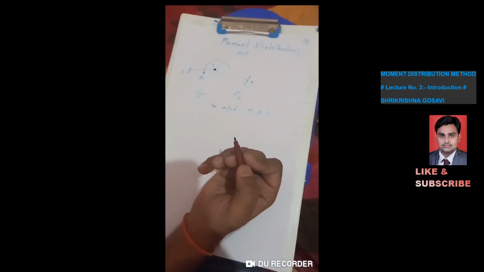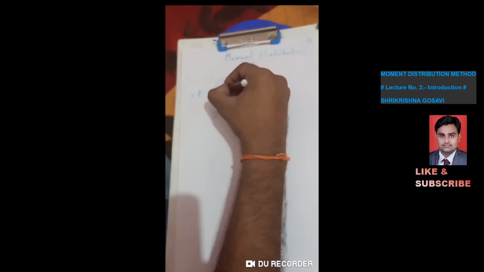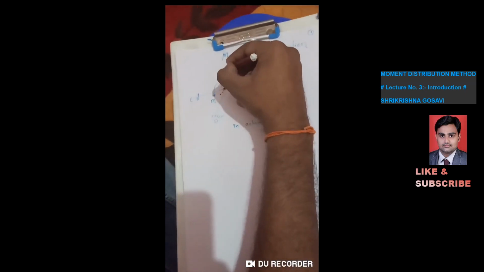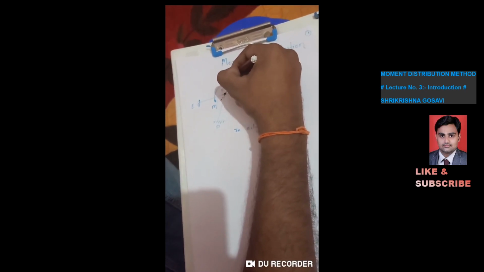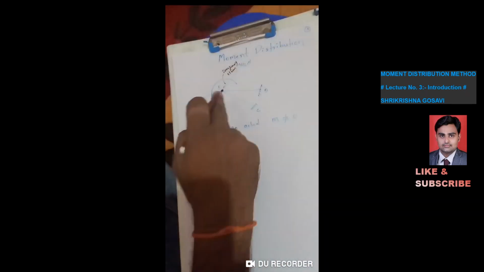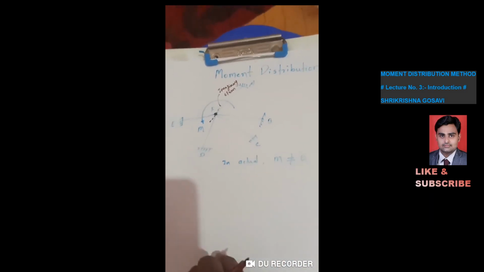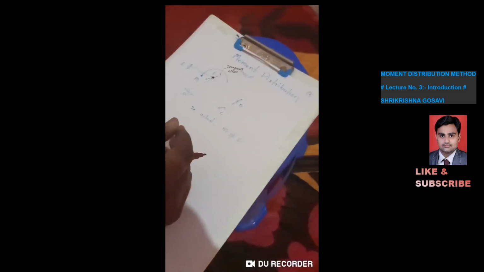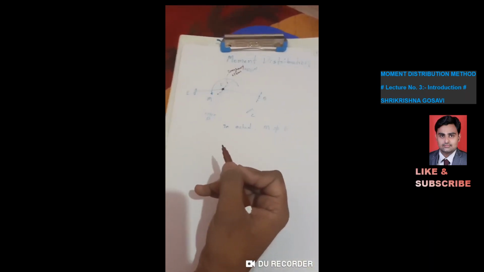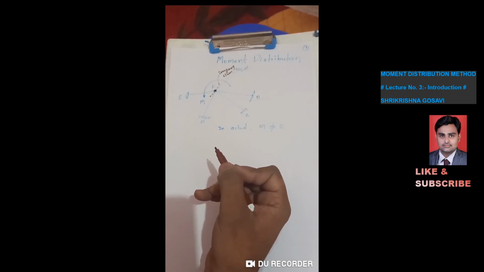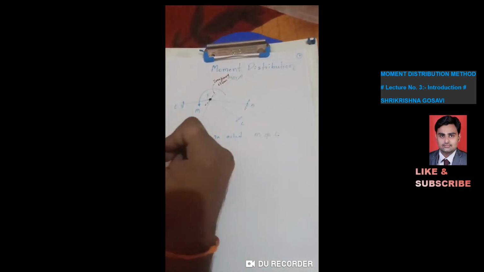If we release this clamp here, let this be our imaginary clamp, if we release the moment at this clamp, then this results in the modification of the moment at point F, and the modification of the moment also at the far ends, at the different points A, B, C, D and E.